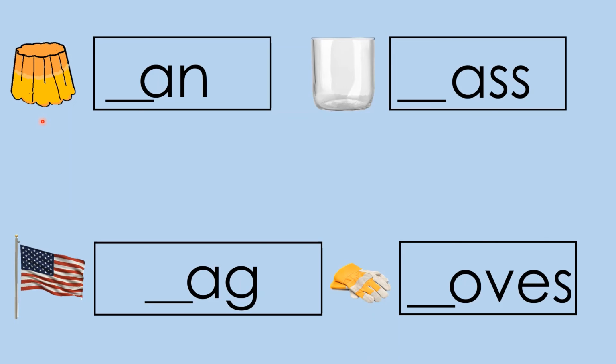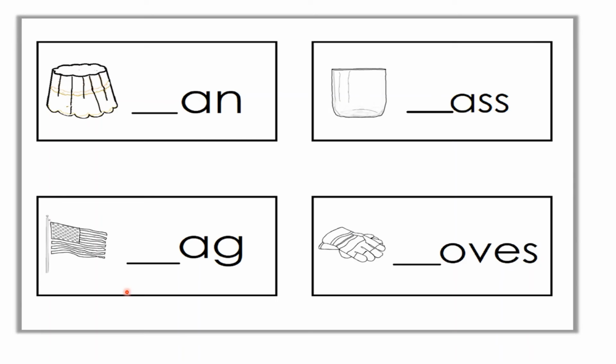So, you're going to write down on your worksheet the first blend of the picture. Now, what is this? Plan, fl, l, plan. Are you done writing?